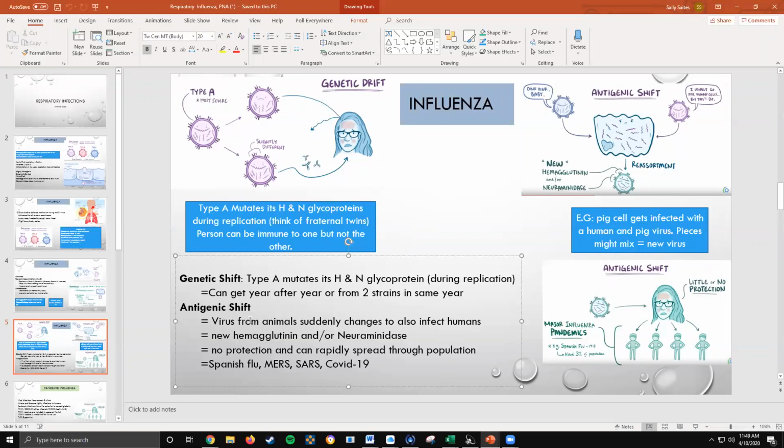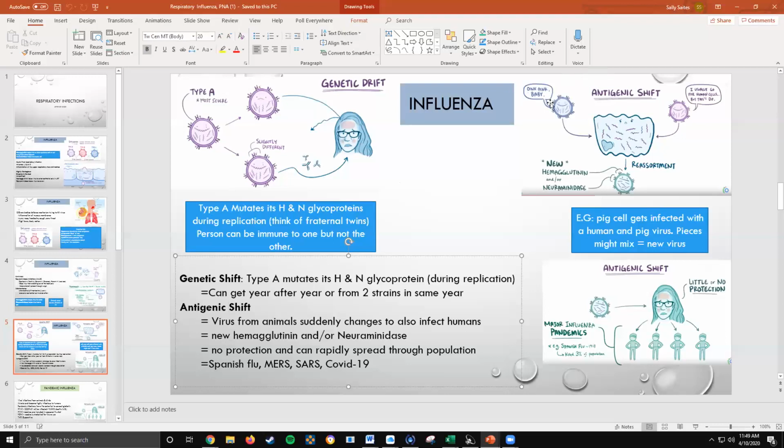The antigenic shift. So this is where we come into more of the pandemic. So viruses from animals suddenly change to also infect humans. So say this is a pig cell right here, and humans contact the pig, so they might get the virus from the pig, or the pig might get the virus from the person, but it doesn't bother the pig because it doesn't match.